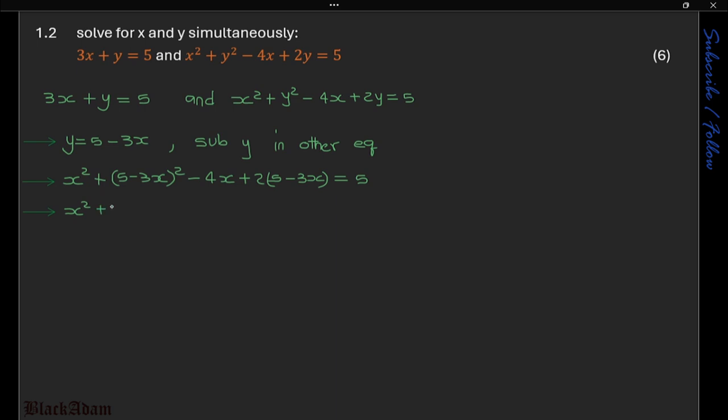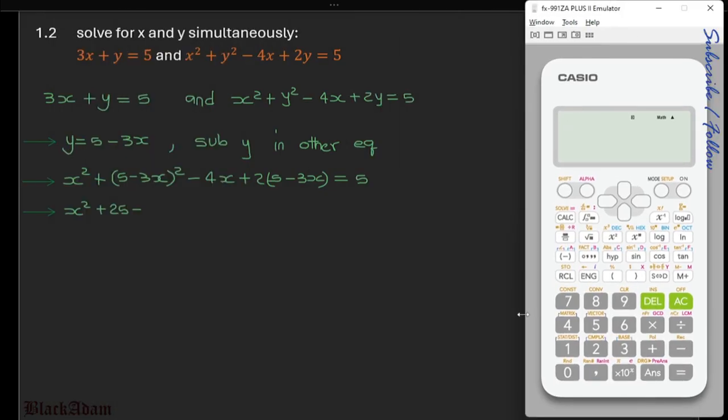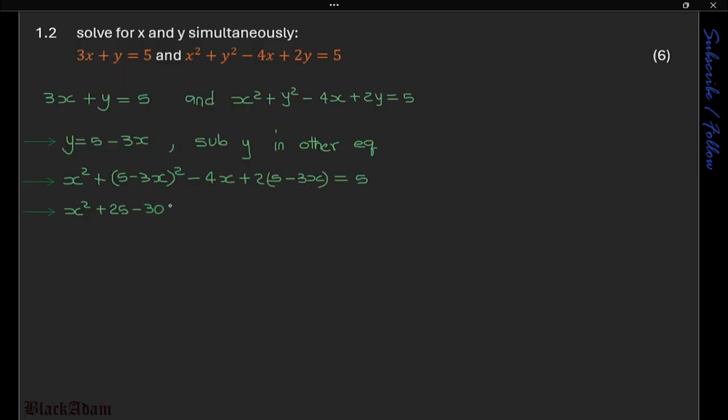That will give us 25, then 5 times negative 3 times 2 is negative 30x, plus 9x squared, minus 4x, and then we multiply the bracket by 2, that's 10 minus 6x, minus 5, take 5 to the left, that's 0.